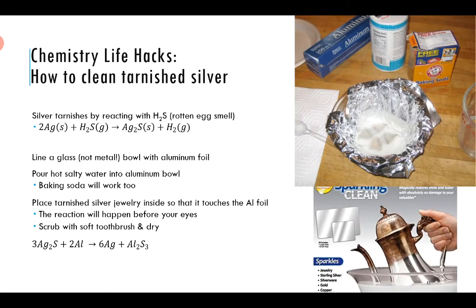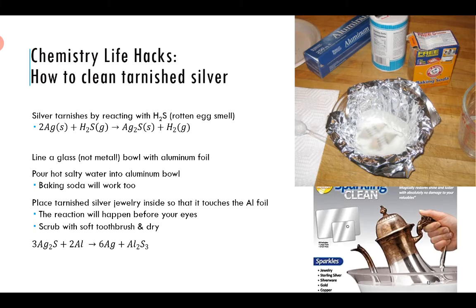You can do your own redox reaction at home. This is a chemistry life hack for cleaning tarnished silver. You might have some silver jewelry at home, or have like some actual silver coins or something. And so this is how you can turn it from a corroded, tarnished silver back into a shiny silver.